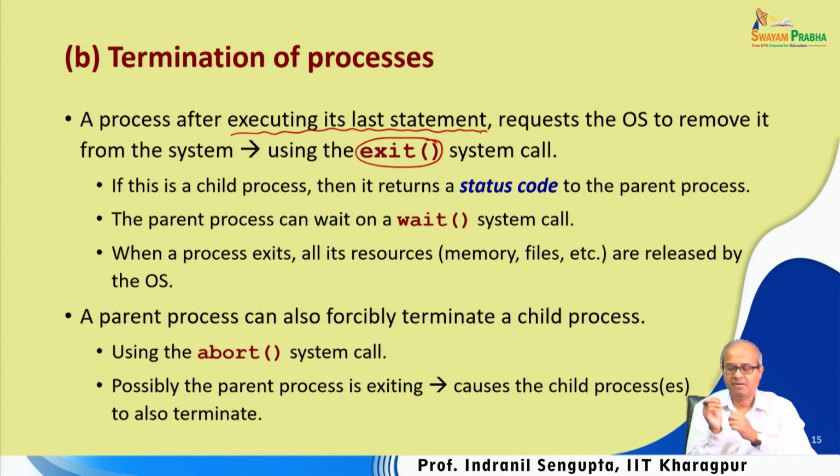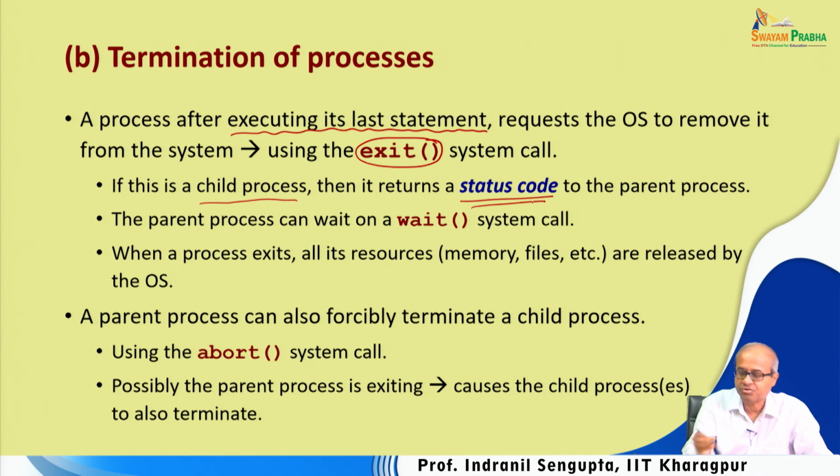Now, in the exit system call, if it is called by a child process, then it can return a status code which may be used by the parent to know what happened in the child. And as I showed in the diagram previously, the parent process can be waiting on the wait system call.